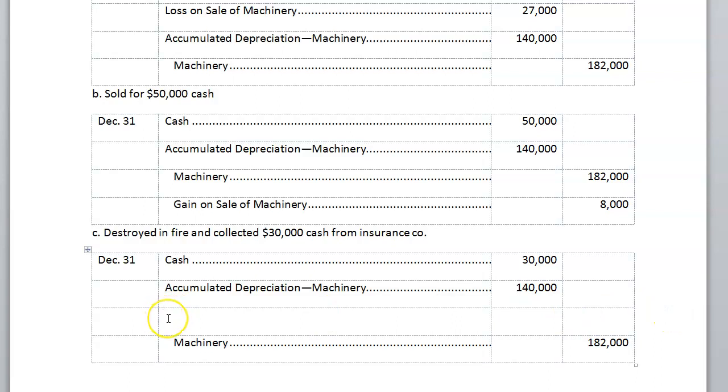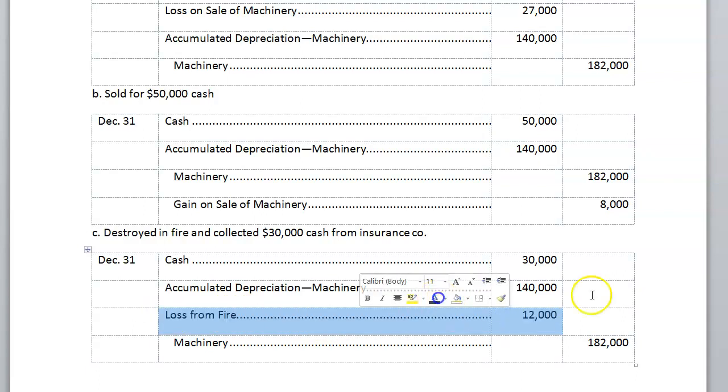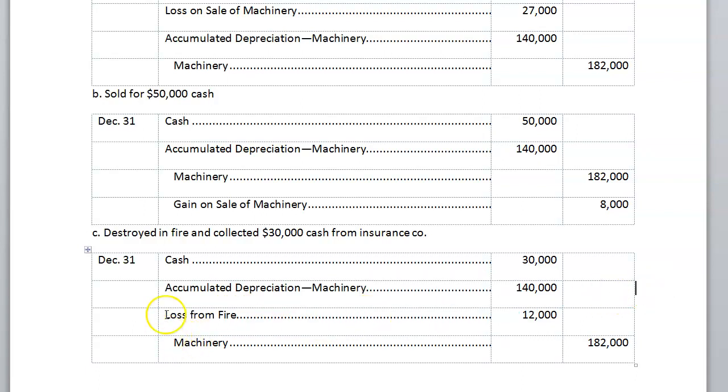And we're going to have a loss because the cash received is less than the book value. So the only difference is, instead of loss on sale of machinery, it's just going to be called loss from fire. Again, this is going to be $12,000. It's the difference between the book value of $42,000 and the cash being received for $30,000.